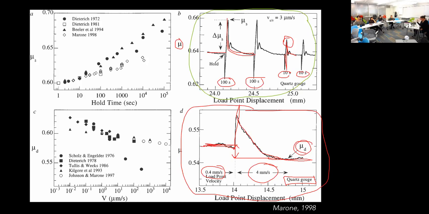So it's not a fantastically predictive law, but if you, through experiment, can establish something like looking at how this material changes at different velocities, like here's your friction coefficient and here's your sliding velocity in microns per second, there's a strong relationship here that you can use to predict what would happen to this material during an earthquake.